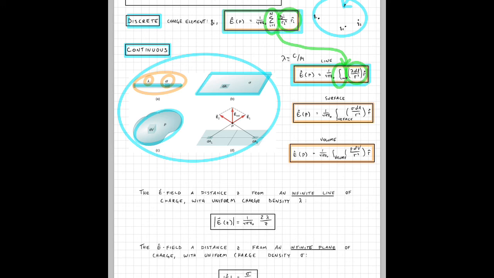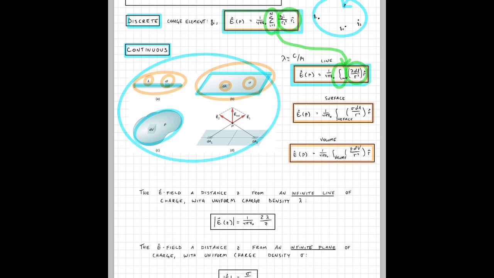Now, if we move on to the next example, the area, now if I want to calculate the electric field due to this area of charge, in this case this sheet of charge, I have to combine sigma, the surface charge density, with the surface element dA.